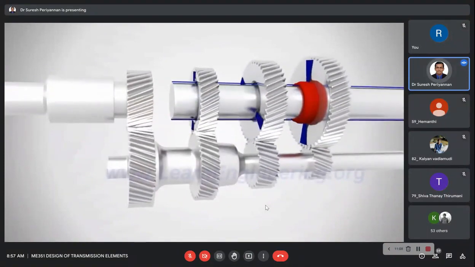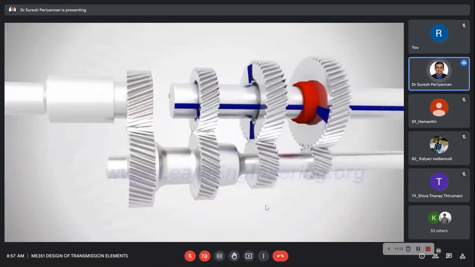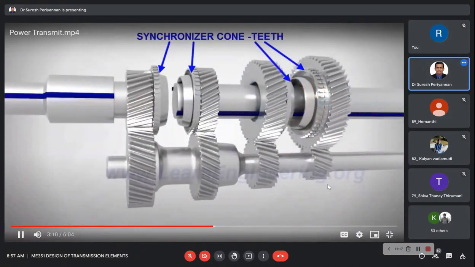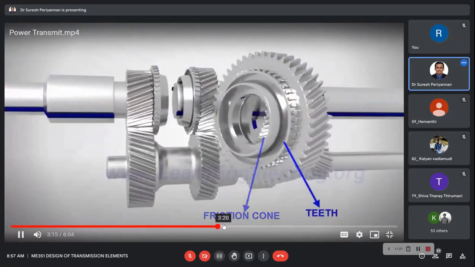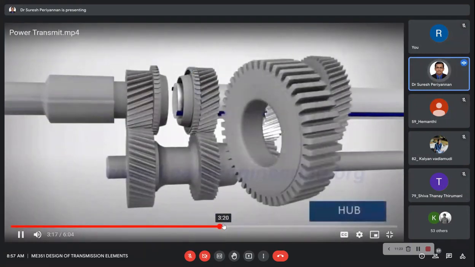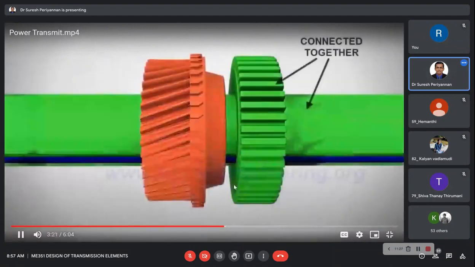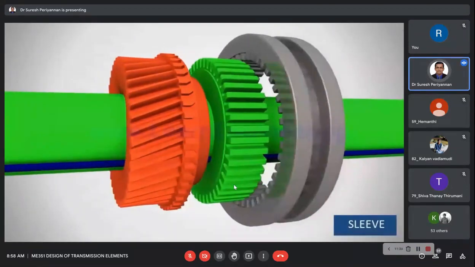Let's see how this is done in actual practice. First of all, the main shaft gears have a synchronizer cone teeth arrangement. A hub is fixed to the shaft. A sleeve that is free to slide over the hub is also used in this system.